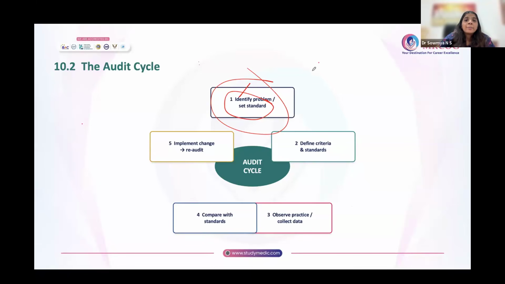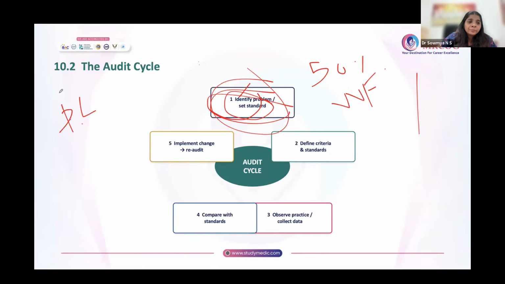So if it is 50%, obviously your unit data is much higher than the national data. If there are rare cases like VVF, for which you don't have standard data, you compare with other NHS trusts. Now you have identified the problem, you have selected the team who will be doing it, and you have set the standard. Definitely there will be a project lead who will take care of the whole of the audit.